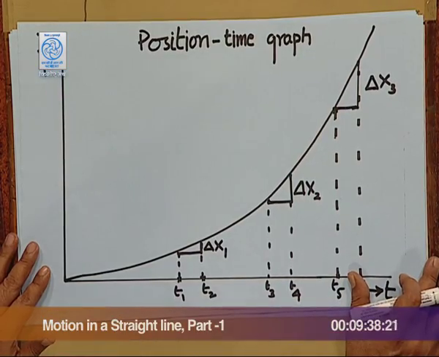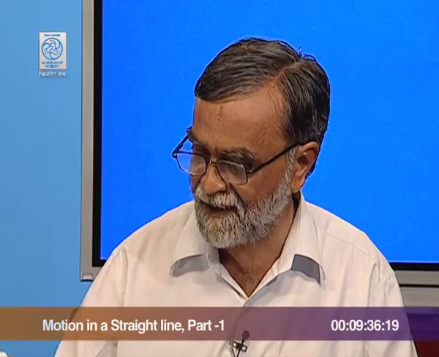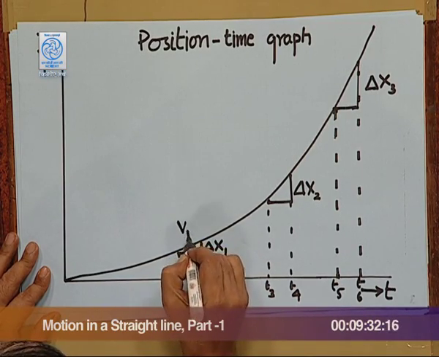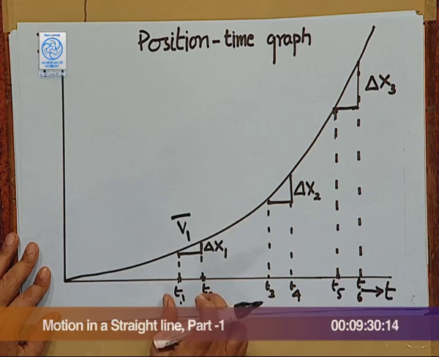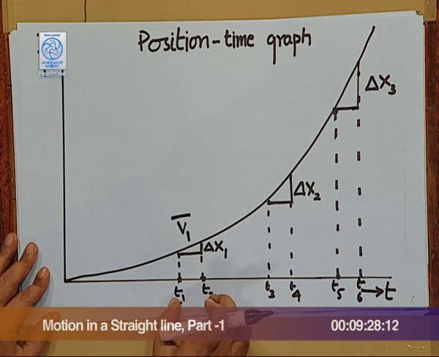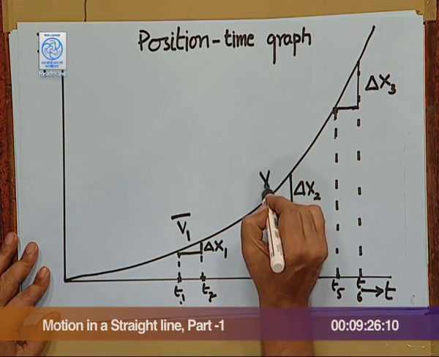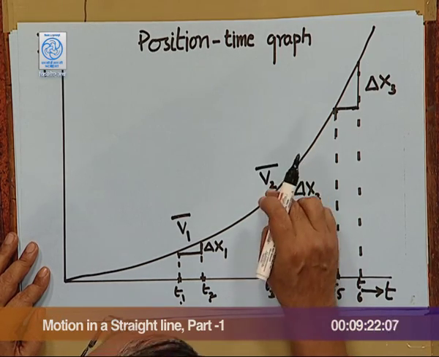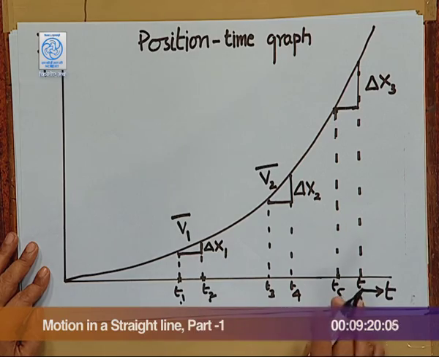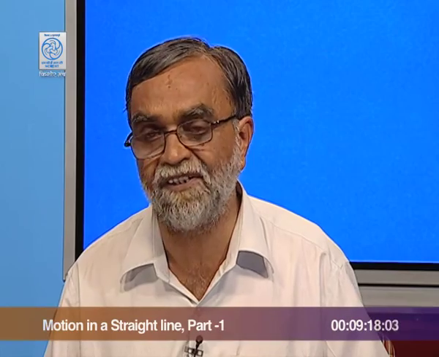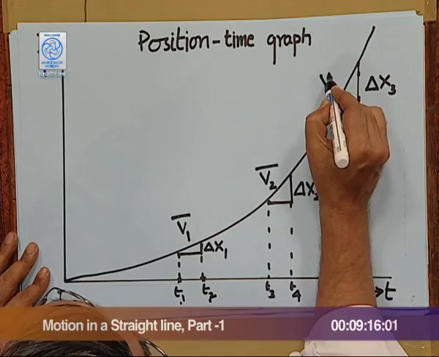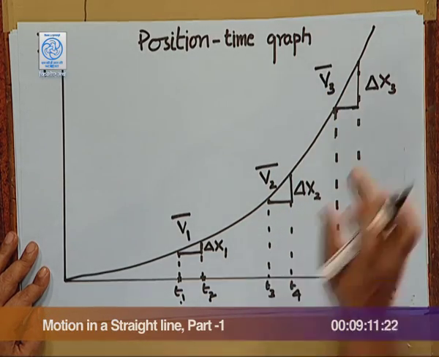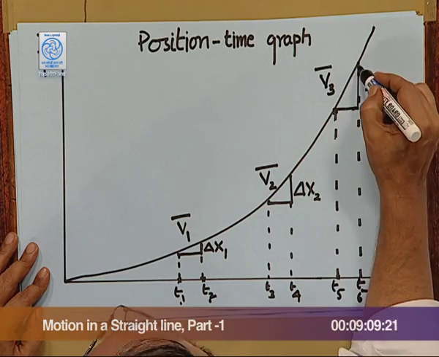What we mean here is the average velocity in the interval t1 to t2, which I write as V1 bar, the average velocity in the interval t3 to t4, which I have represented as V2 bar, and the average velocity in the interval t5 to t6, which I indicated here by V3 bar. Each one of them is different because the slopes of these are different.